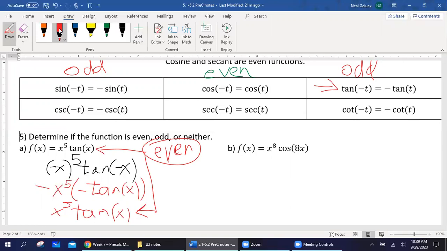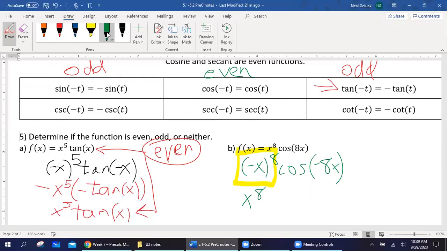For letter B, I've got an 8 in there with the x, but it's not really going to influence anything. Again, the test is replace the x's with negatives. So if I plug in a negative x there, that's going to be cosine negative 8x. Well, for the first part, a negative to an even power, that negative is just gone.